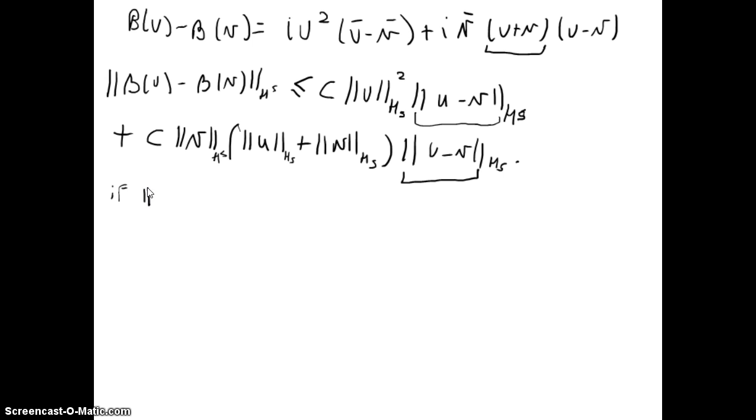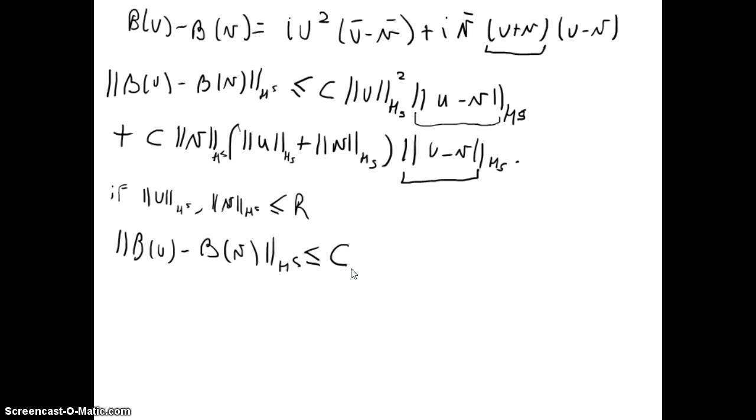So if we ask that the norm of u in H^s and the norm of v in H^s do not blow up, so that they are less than or equal to R, not asking that much, then if we ask this, we can finally bound B(u) minus B(v) by a constant that will depend on this bound, and of course the norm of u minus v in H^s.